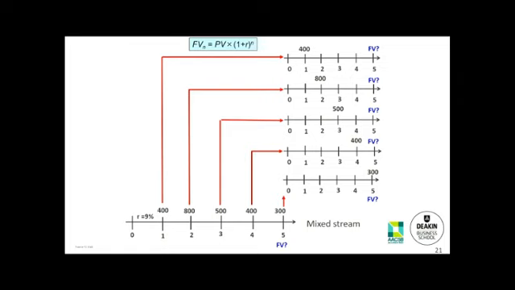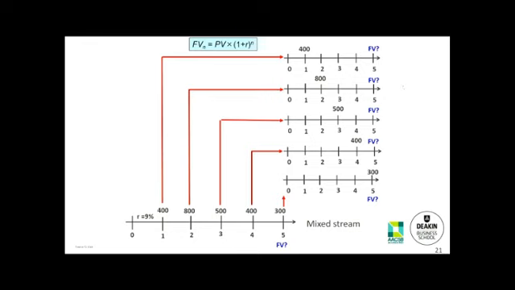Intuitively, if we figure out how to do the future value of 400, what about the $800 in year 2? What should we do? We want to compound this $800 and get the future value at time 5.